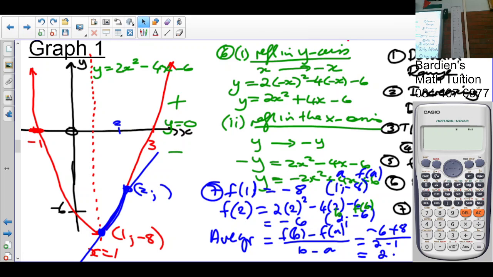Then the graph is decreasing at a rate of 2. If it's negative 2, the graph is decreasing at the rate of 2. If it's positive 2, the graph is increasing at the rate of 2. Absolutely correct, thank you. If it's decreasing at the rate of negative 2, then it's actually saying it's increasing, so that's negative by negative.